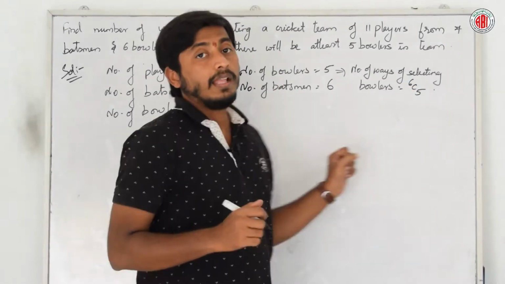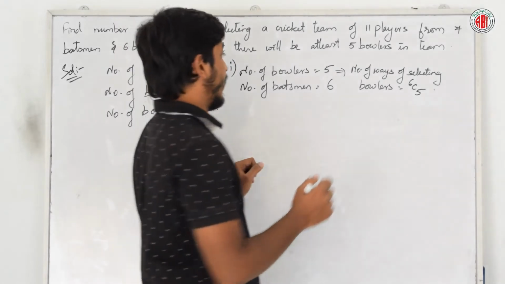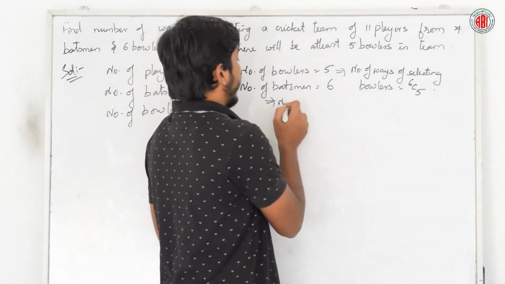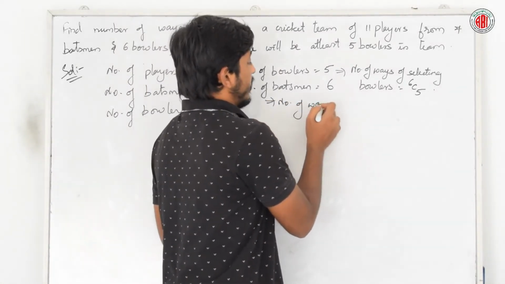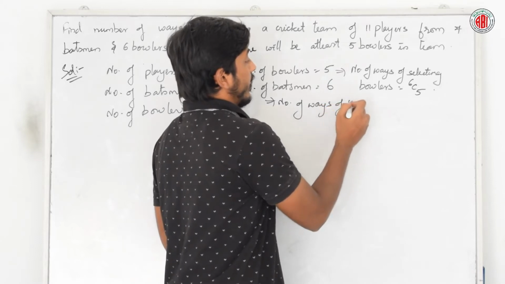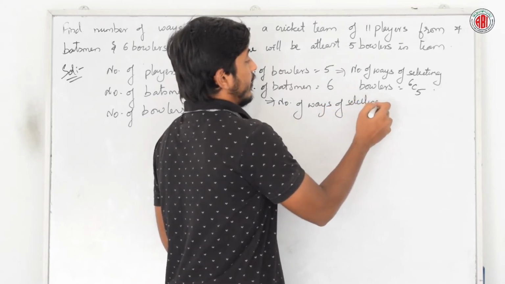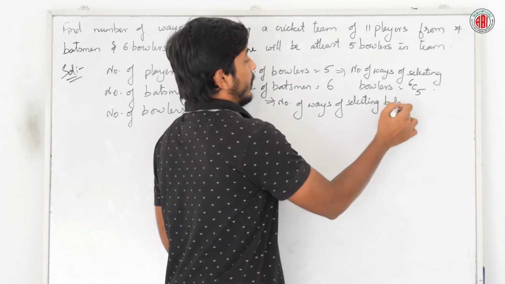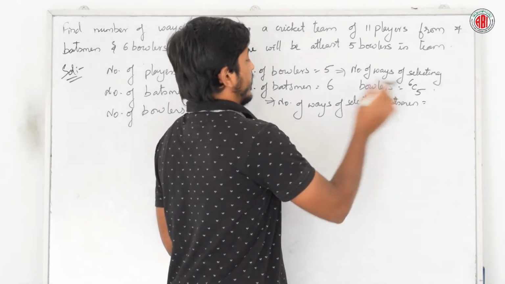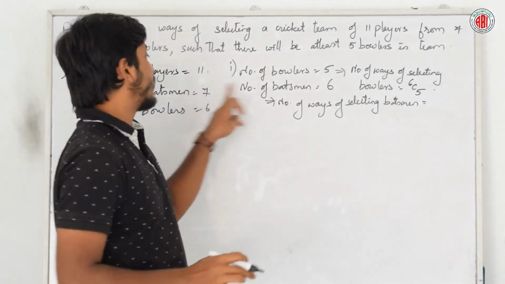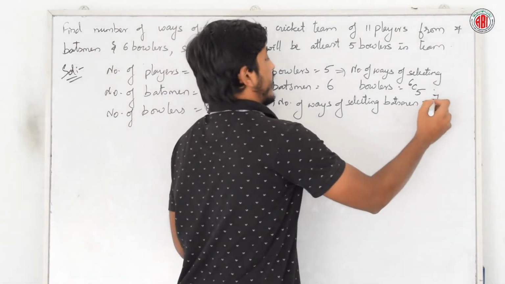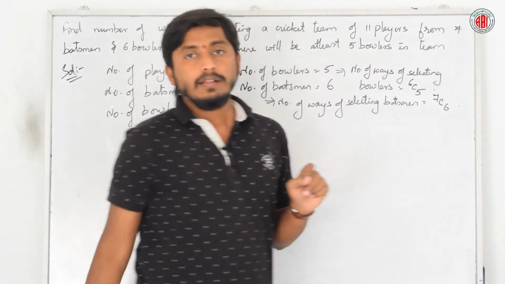Is it right? Then how do we select batsmen now? We have 7 batsmen, we have to select 6, that is 7C6.